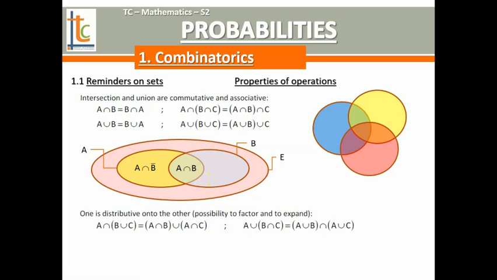So let's go to the blue part on the right here. If you want to be here, you have to be inside B, but not inside A. It's B intersect A bar, or A bar intersect B, it's the same.